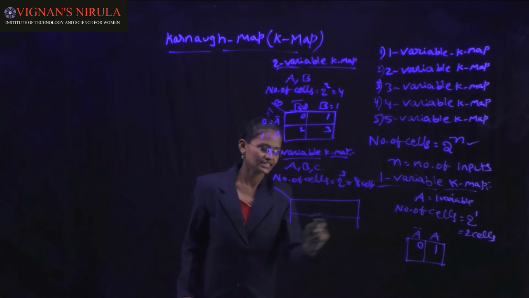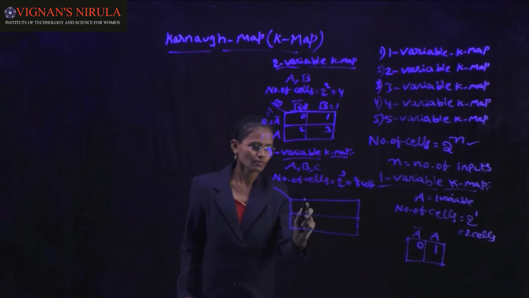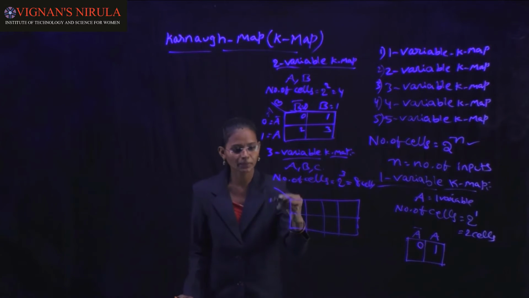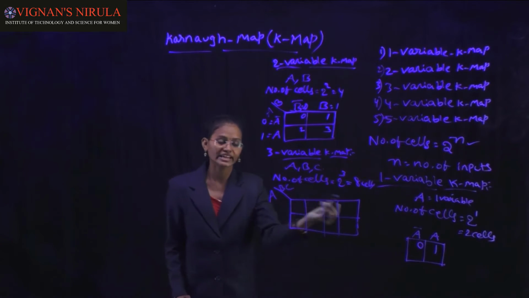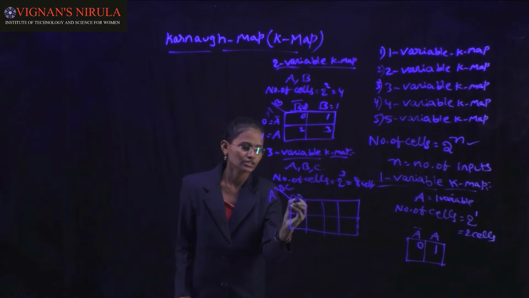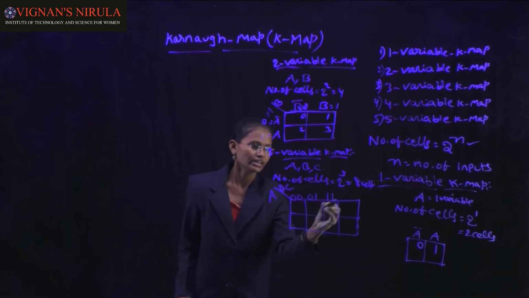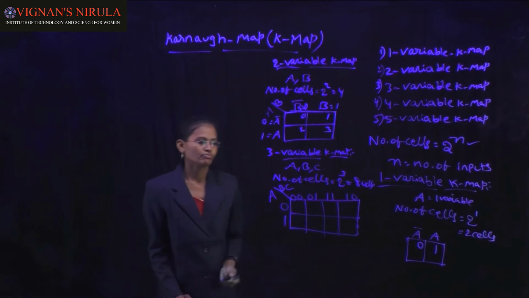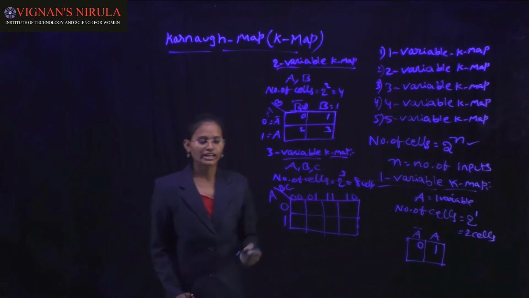This is the 8 cells. Here the input variables are A, B, C. This is the gray code indication, that is 00, 01, 11, 10, and this is 0, 1.